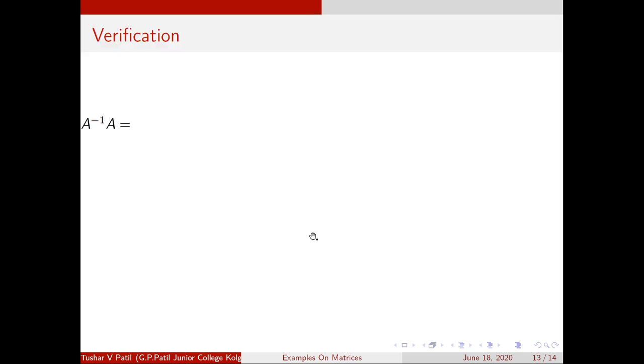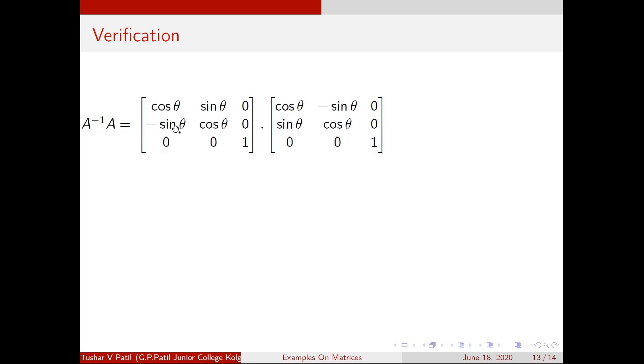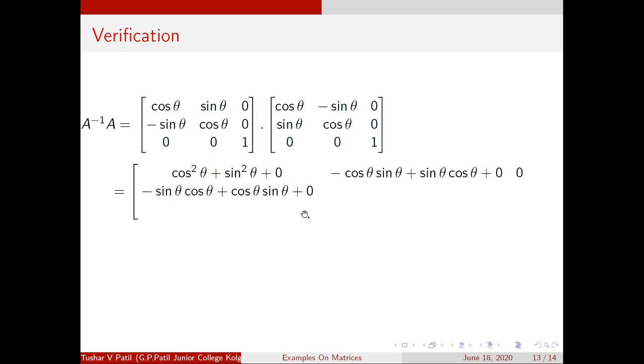One can easily verify by multiplying A inverse into A. A inverse on the left hand side, A on the right side. Now we multiply the first matrix by the second matrix. First row, first column: cos square theta plus sin square theta is equal to 1. First row, second column, it is 0.